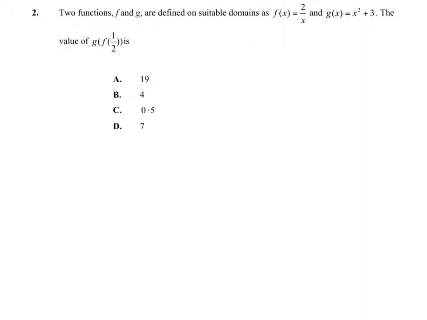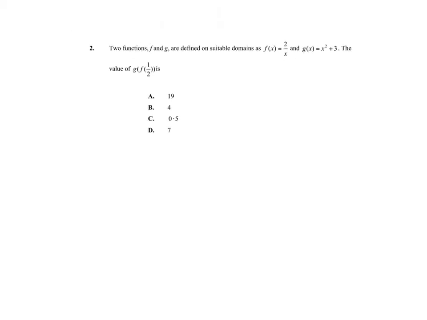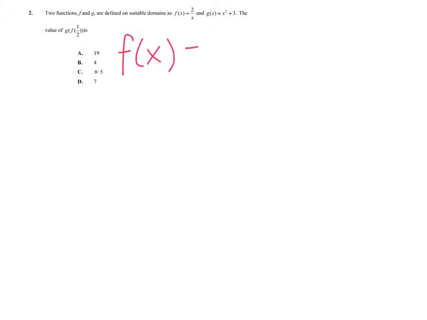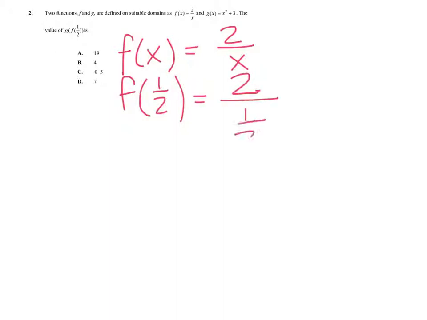So we'll take care of the f of 1/2 first of all, so we'll give ourselves a little bit of room. So the original f function is f of x equals 2 over x. We are trying to first of all calculate f of 1/2, which means it's 2 over 1/2.